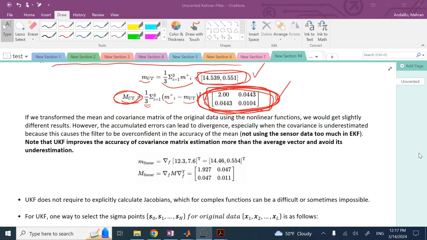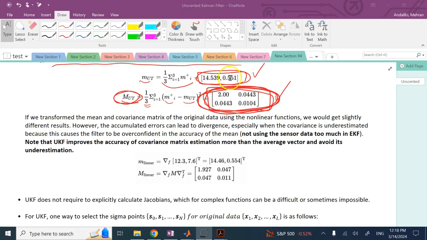Now, you might wonder if we did do those linear transformations, would we get different results? The answer is yes. If you use the Jacobian of those r and theta functions and multiply by the previous mean and covariance, this is going to be your new covariance, this is going to be your new mean. And here you might say, well, look, they are not too much different.